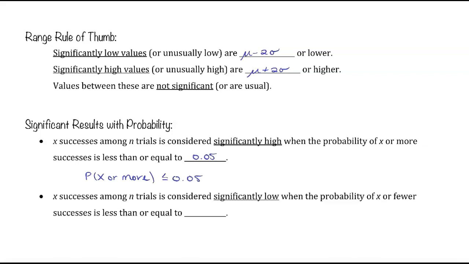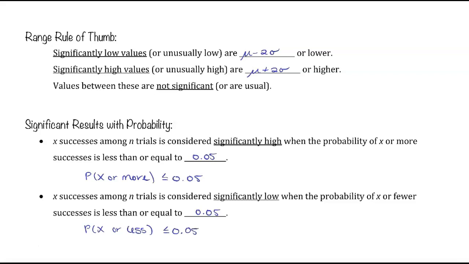We also consider X successes in N trials to be significantly low when the probability of X or fewer successes is less than or equal to 0.05. That is, the probability of X or less is less than or equal to 0.05, or less than or equal to 5%.